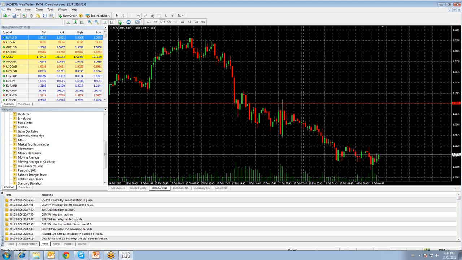If I had to put a resistance line, I would say this is a resistance line level right here. And if I had to put a support, this would be another support. And if I had to put S2, I would say S2 will be right over here. So should the euro break 1,300, we could see further downside to the euro.